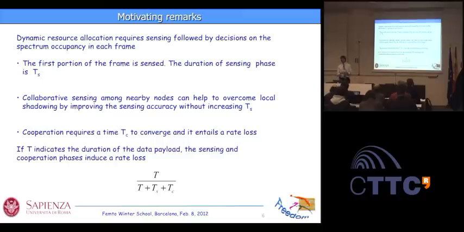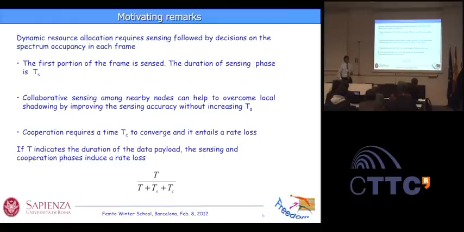Also, they can, of course, exchange their data in order to improve their estimation accuracy, detection reliability, and so on. But also in this case, if I want to cooperate, of course cooperation needs time, needs signaling, and so on. So again, I need to incorporate this extra time, the cooperation time, which I call t sub c, into the problem.